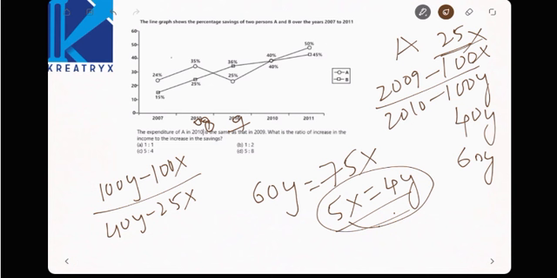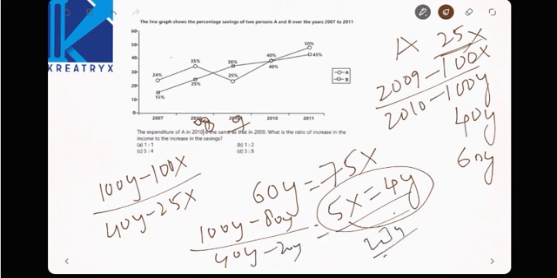Either substitute x in the place of y or y in the place of x. Now we will substitute x is equal to 4y by 5. Then we will get as 100y minus 80y by 40y minus 20y. That is nothing but 20y by 20y. Ratio will be 1:1. So answer is A.